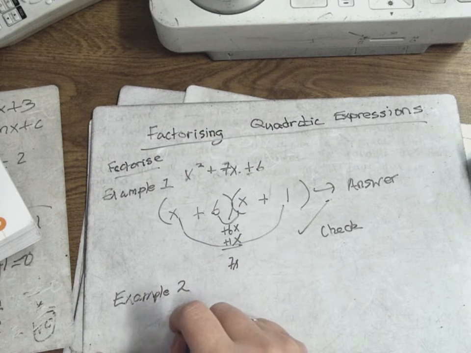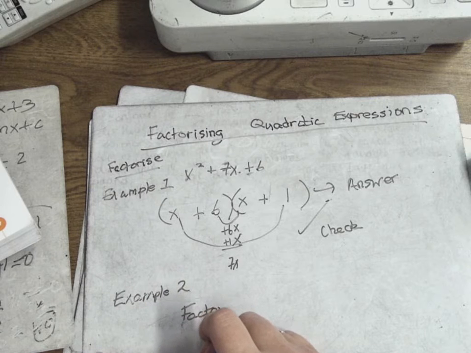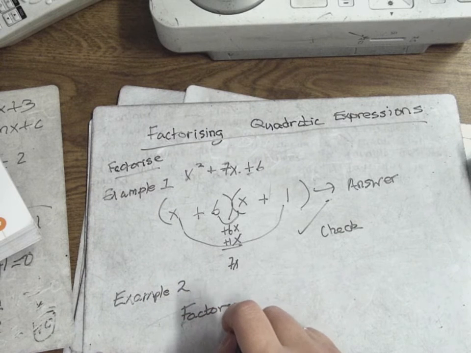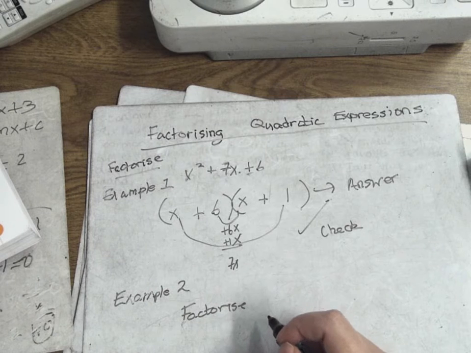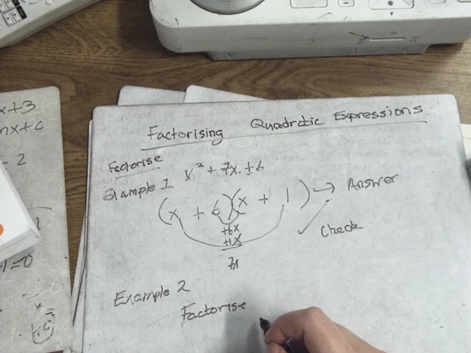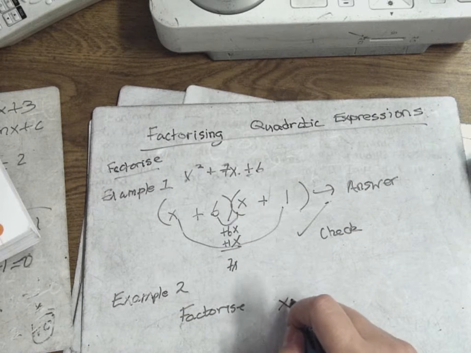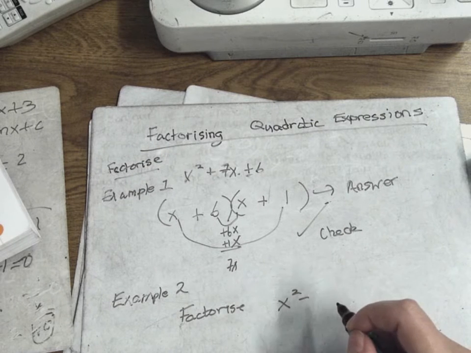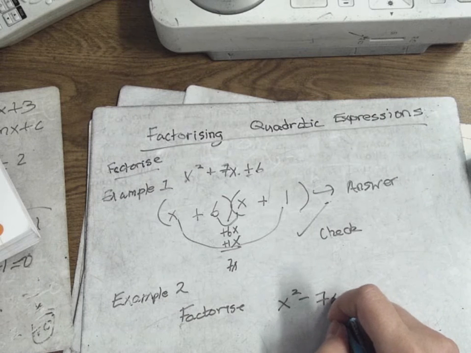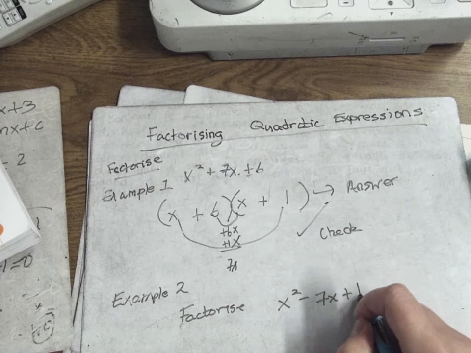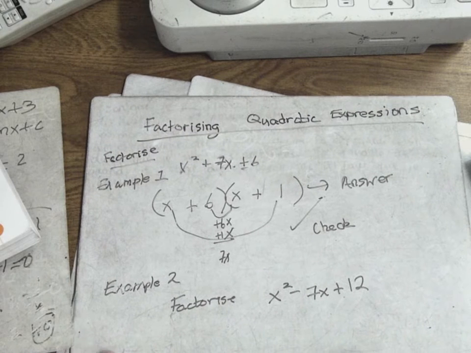So we'll read: factorize. I want easy ones for the moment. Factorize x squared minus 7x plus 12.